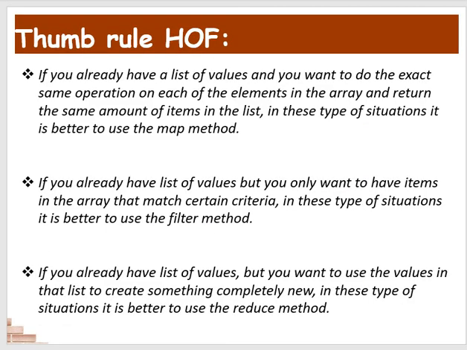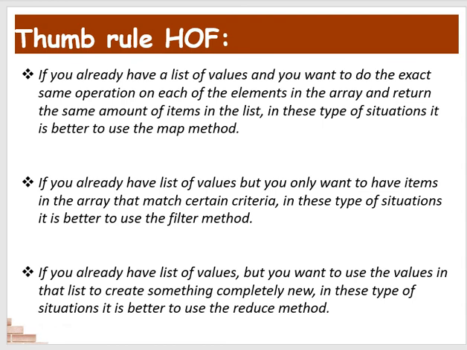Now the rule of thumb for these three methods: if you already have a list of values and you want to do the exact same operation on each of the elements in the array and return the same number of items in the list, in this type of situation it is better to use the map function.